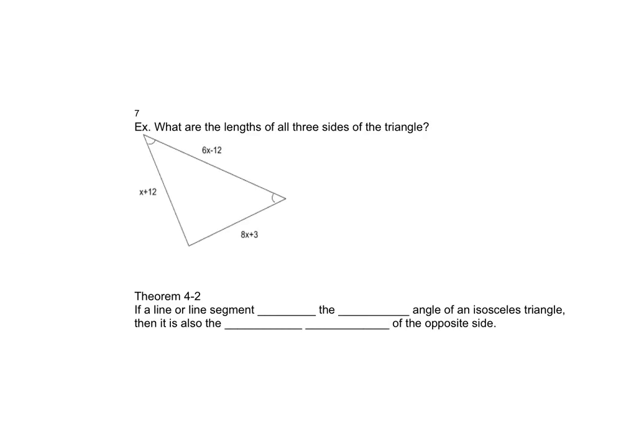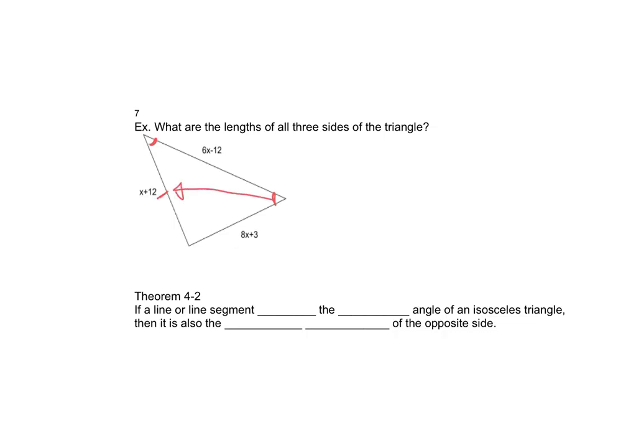What are the lengths of all three sides of the triangle? Okay, now we have an isosceles triangle here. We know those base angles are the same. So that means two of these sides have to be the same. And it's the sides across from the angles.